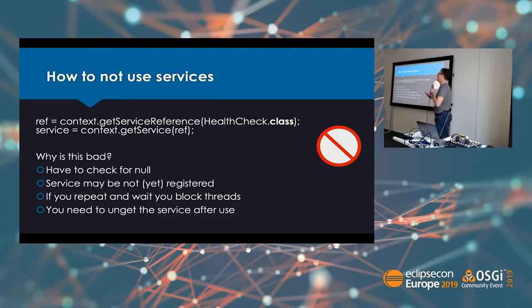You need that service. And so the typical thing is, you try it again. You put a loop in there, and after some time, you break with a timeout. But this is not a stable thing, because maybe you uninstall a bundle, and it's uninstalled for half an hour. You run into the timeout, and your bundles will not recover from that. So this is not the way this can work.